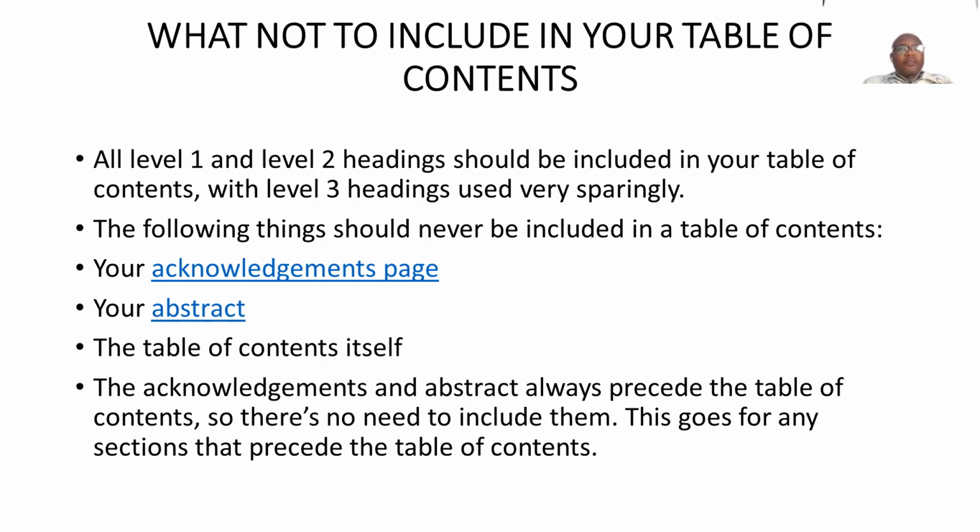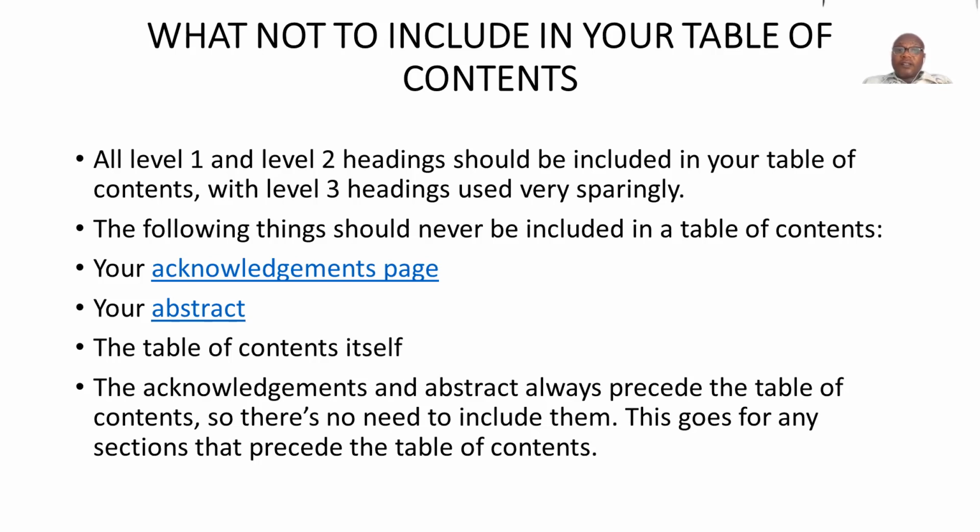The following things should never be included in a table of contents: number 1, an acknowledgement page, your abstract, and the table of contents itself. The acknowledgement and abstract always precede the table of contents, so there is no need to include them. This goes for any sections that precede the table of contents.